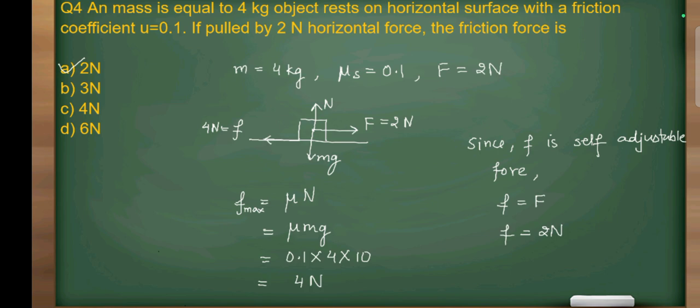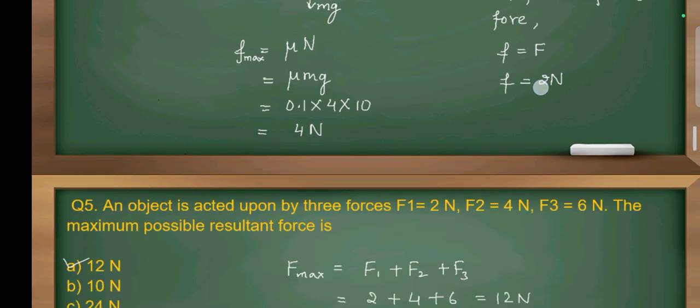After solving, we will get the maximum force equal to 4 Newton. That is the maximum friction force. Since the friction force is self-adjustable, the friction force will be equal to the applied force, that is 2 Newton. So option A is correct, that is 2 Newton.